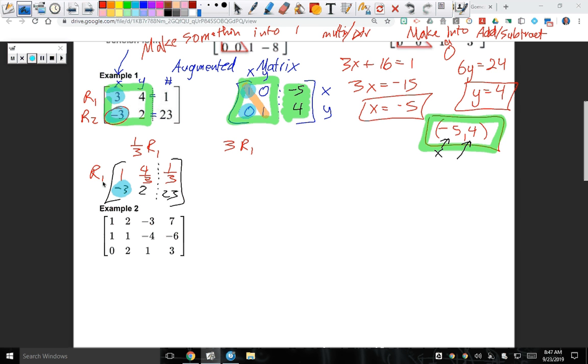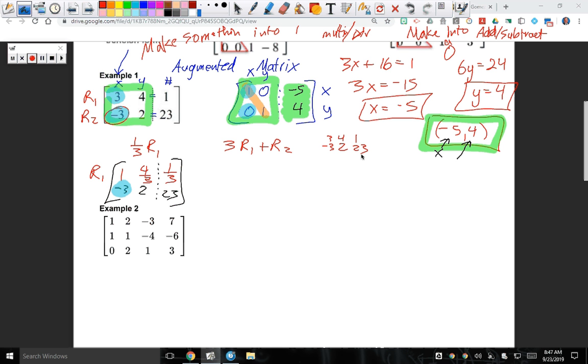Okay? So I'm going to do scratch work just off to the side. 3 times row 1 would give me 3, 4, and 1. And what I'm going to do is add it to row 2. You see what I'm doing? Adding it to row 2 is -3, 2, and 23. How's that?